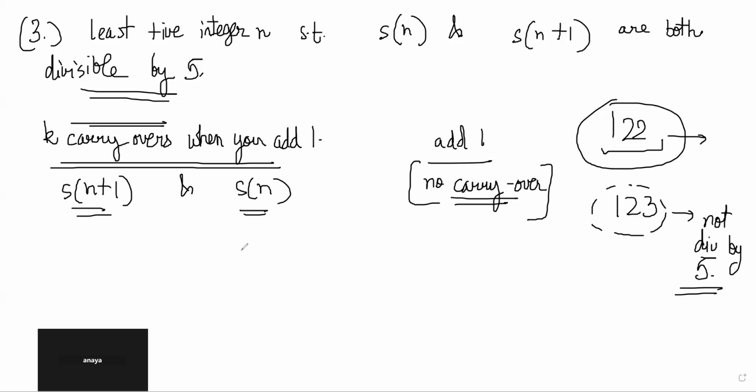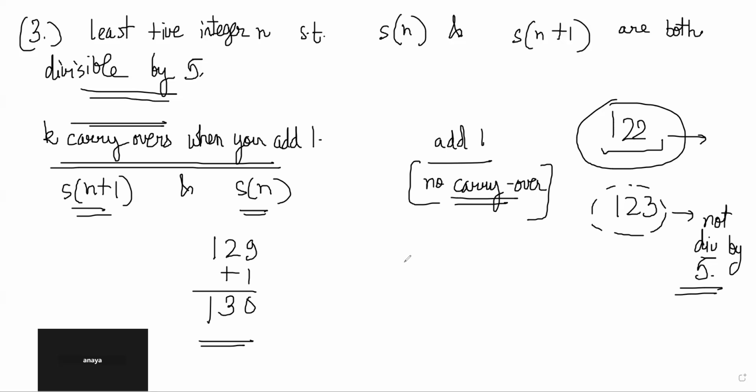Do you understand what I'm saying? Yes. If you add a 1 when you have a 9, then only you get a carryover, right? Yeah. So this is one carryover. If you want k carryovers, you should have last k digits as 9, right? Yes.